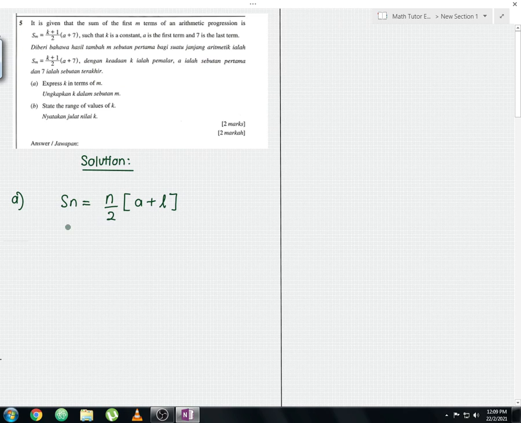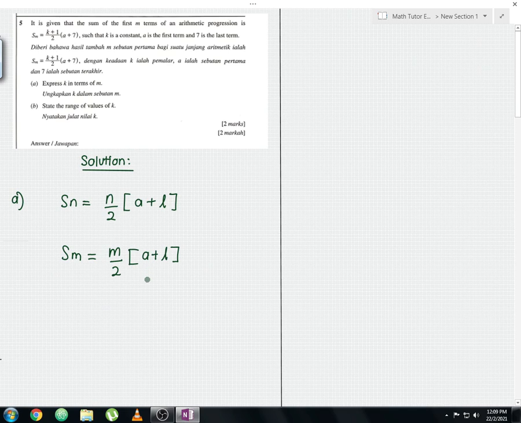So we are going to substitute m into the equation here. So from here, Sm will be equal to m over 2 times (a + l). This is the equation that we formed by ourselves.